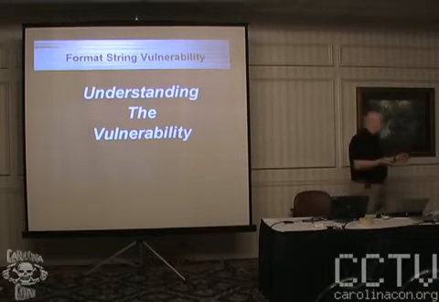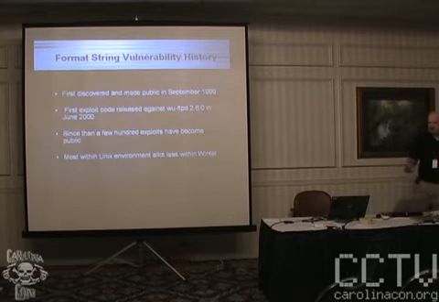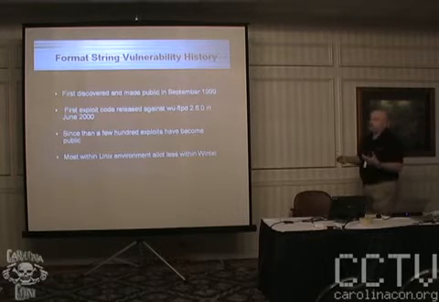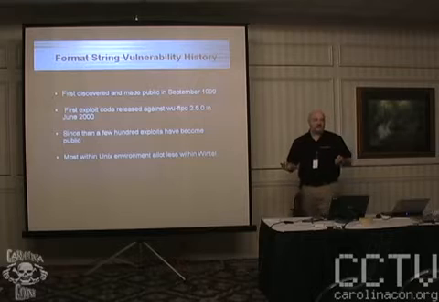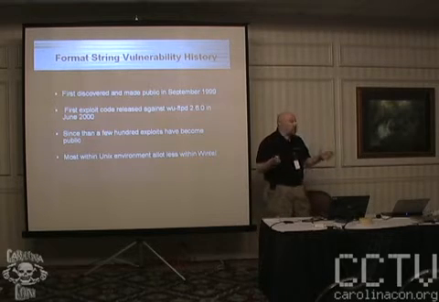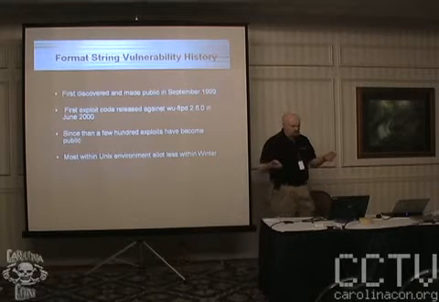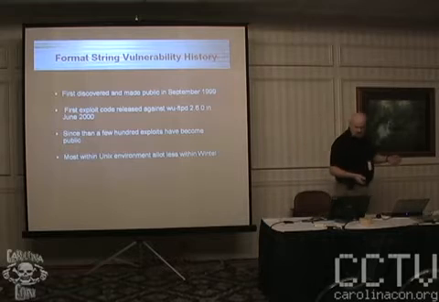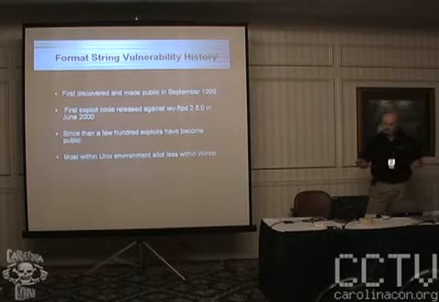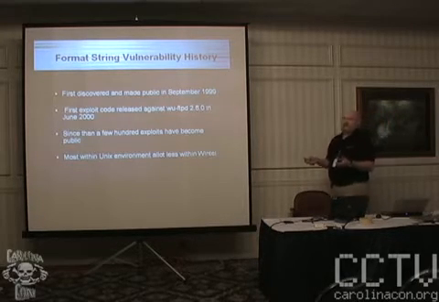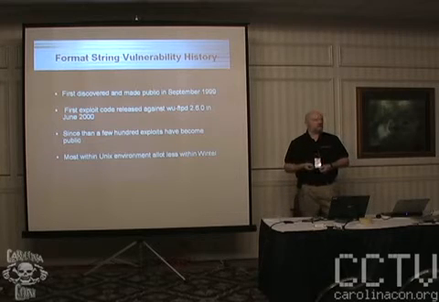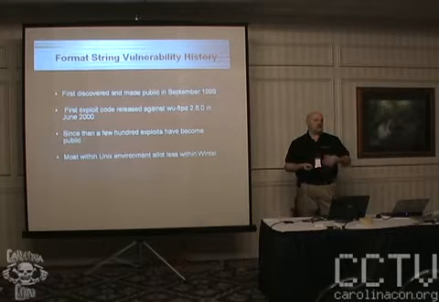So, understanding the vulnerability. Where does it come from? The vulnerability was first discovered and made public in September 1999. The first exploit code was released in 2000, and it was for WFTP 2.6. Since then, maybe 300 or 400 format string vulnerabilities have been made public.